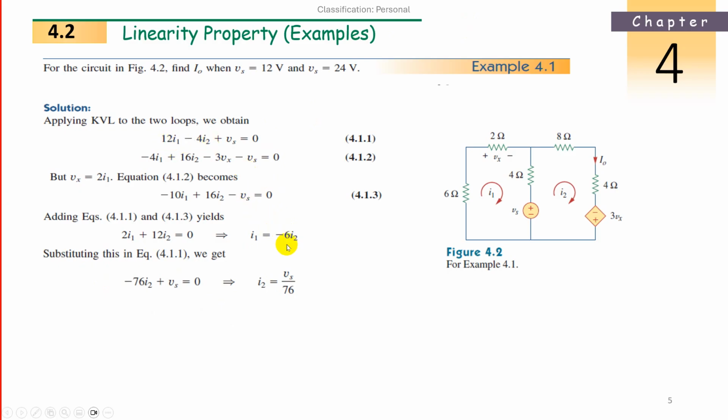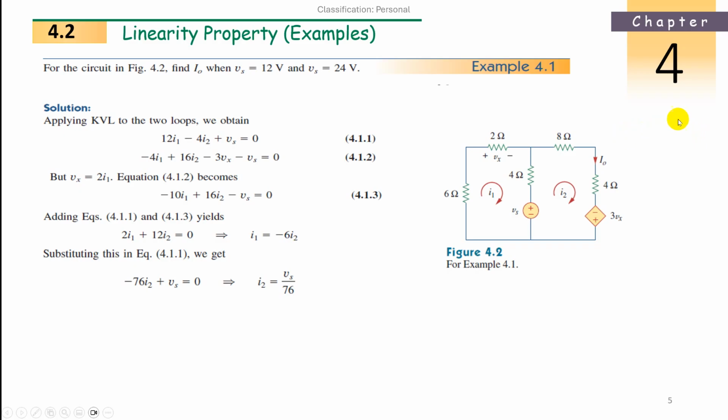So 12 into minus 6 I2 minus 4 I2 plus Vs equal to 0.